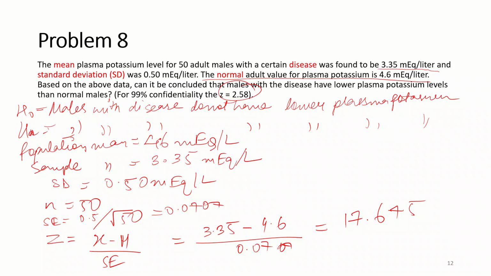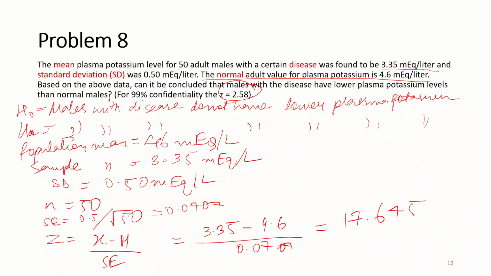Excuse me, sir. While considering the hypothesis, the null hypothesis that you have considered is that they do not have any lower plasma potassium level, and the alternate hypothesis is that they do have a lower plasma potassium level, right?